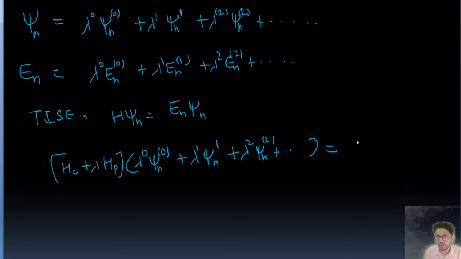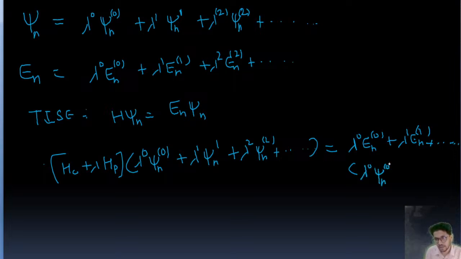So En psi n is going to be lambda 0 En 0 plus lambda 1 En 1 plus so on, multiplied by psi n, which is lambda 0 psi n 0 plus lambda 1 psi n 1 plus so on.